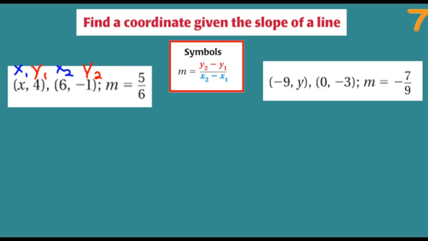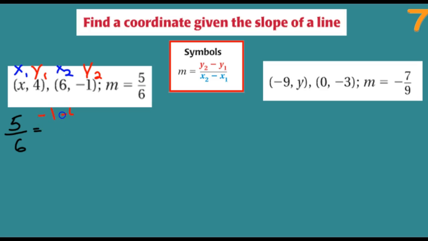So first of all, we're going to write this equation with what we know. So m is 5/6. I'm going to write 5/6 equals y2 minus y1. That's negative 1. Oh, hold on a second.